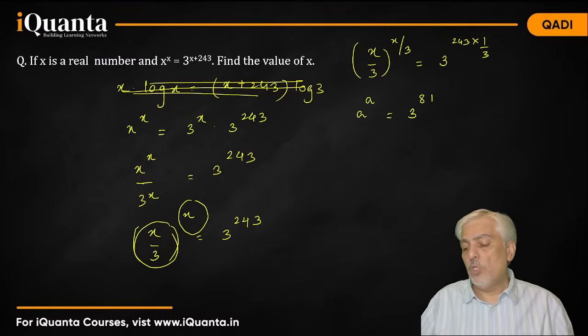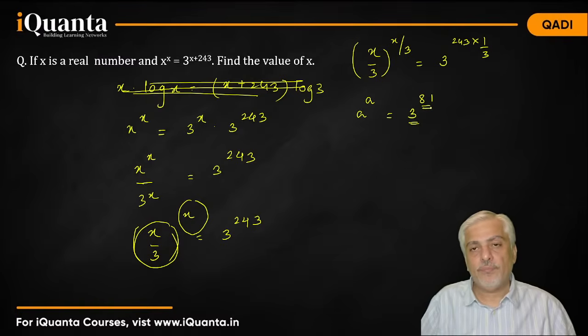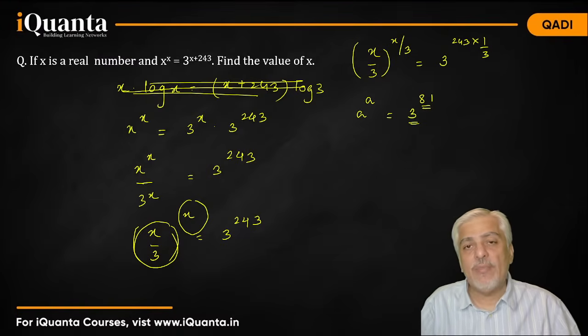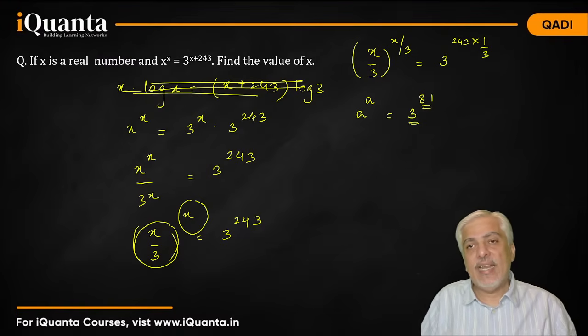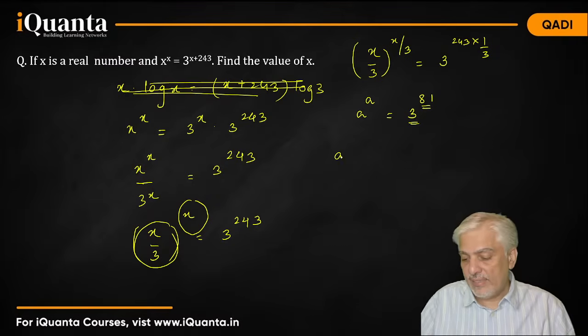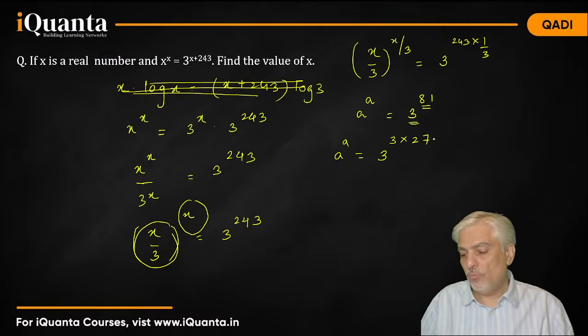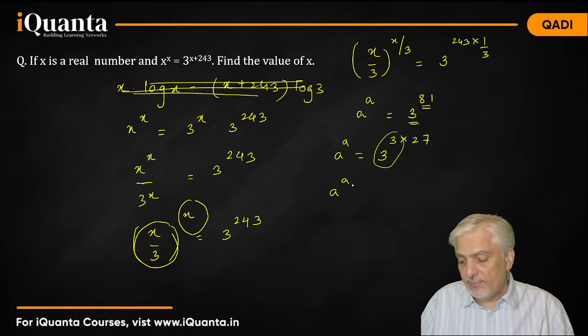Now, what do you want? Pay attention carefully. You want this number and this number same. What can 81 be written as? 81 can be written as 3 into 27. What is 3 raised to 3? 3 raised to 3 is 27.